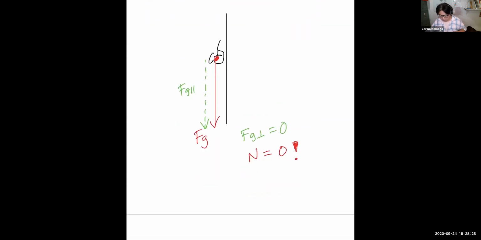Before I talk about the scale, let me just finish up. So when the wall is completely vertical, as you see, the entire gravitational force is parallel. So what's the net force? Net force is the gravitational force.